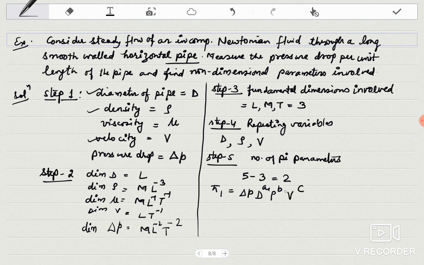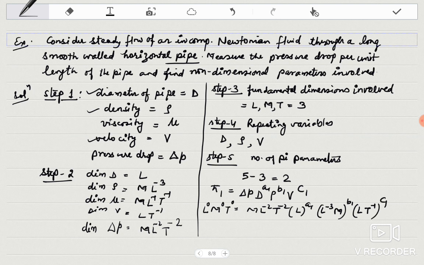Pi 1's dimensions are 0, 0, 0. So L raised to the power 0, M raised to the power 0, T raised to the power 0. And delta P is M L minus 2 T minus 2. Then D means L to the A1, rho is M L minus 3, mass per unit volume, to the B1, and V is L T minus 1, to the C1.